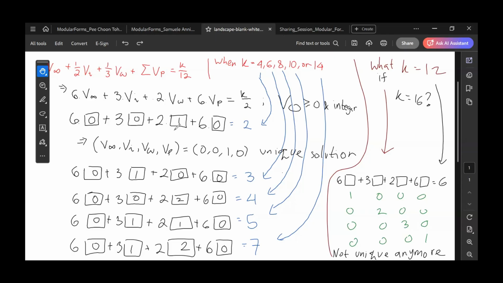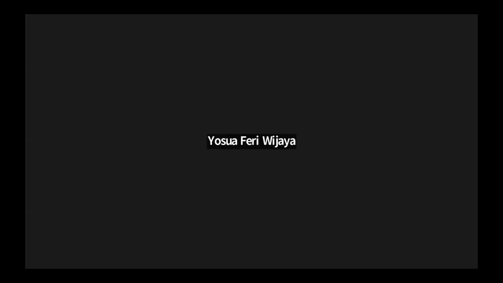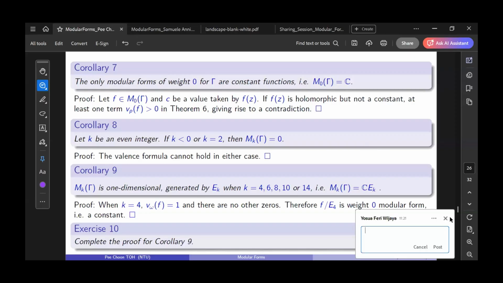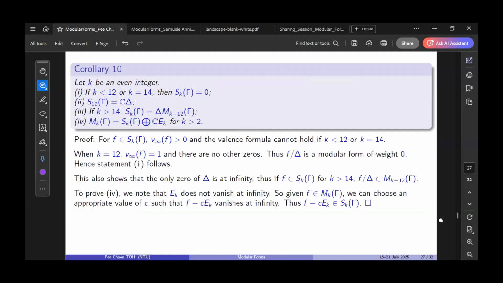So we can see that the valence theorem is really quite powerful. Now, corollary 10: let k be an even integer.